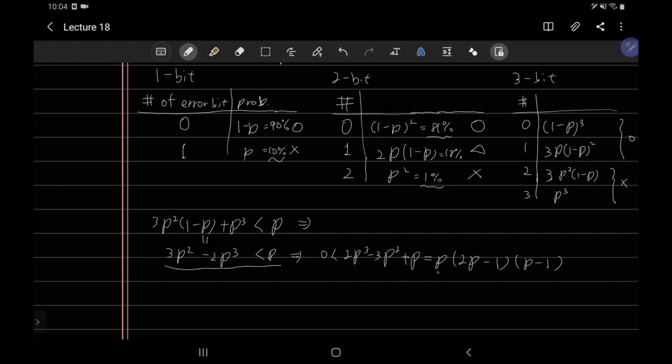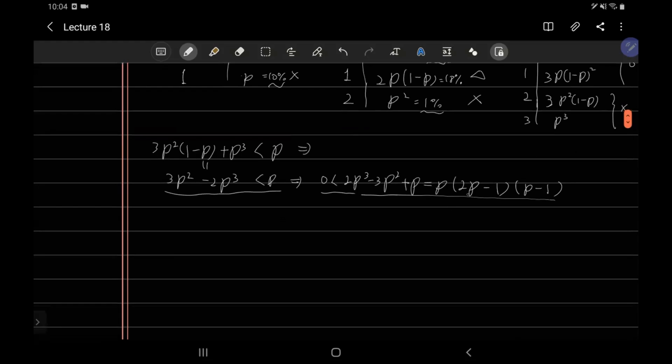To find out the condition which will satisfy this inequality, if we plot this third order polynomial, we know that the coefficient in front of the third order term is a positive value. So the shape of this third order polynomial will look like this one.